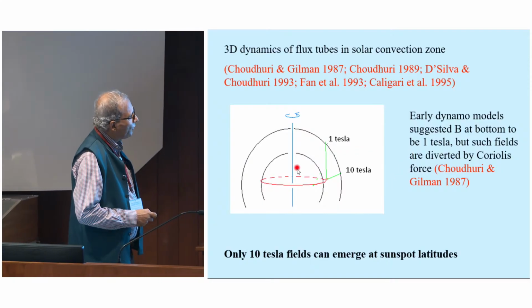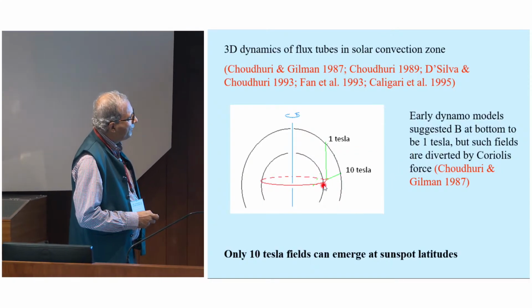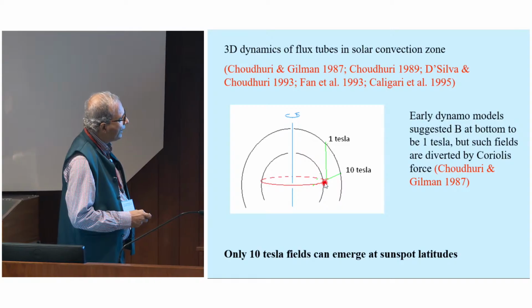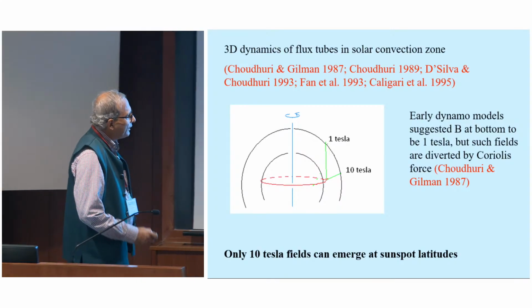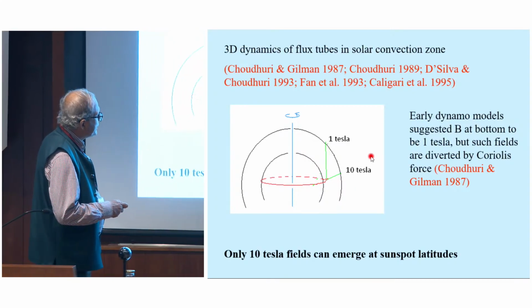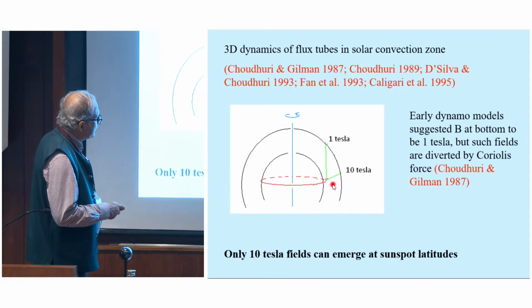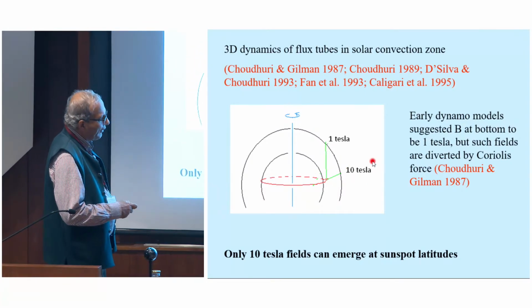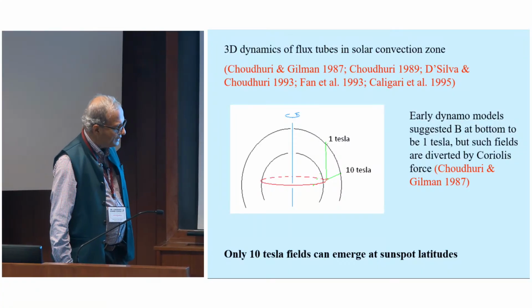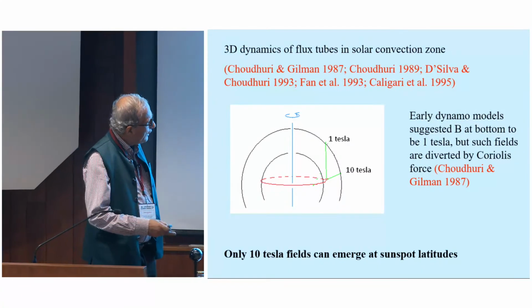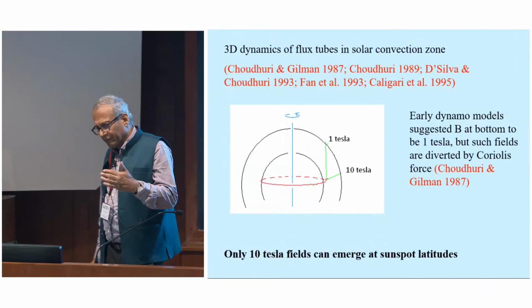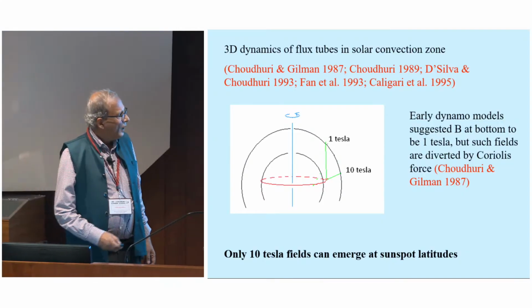We found that only if we made the magnetic field much stronger, like 10 Tesla, would the magnetic buoyancy overcome the Coriolis force and the flux tube come up at the right latitude to produce the sunspots.